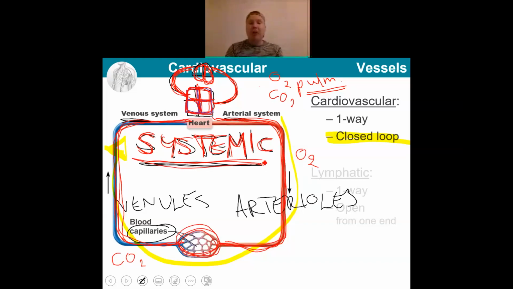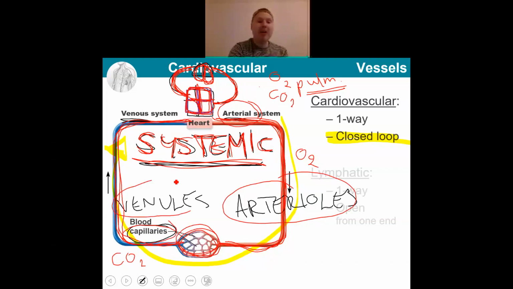And you remember we talked about the different parts that make up the cardiovascular system, the vascular parts. We had arteries, arterioles, capillaries, venules, and then veins. This is all something that we've seen before.